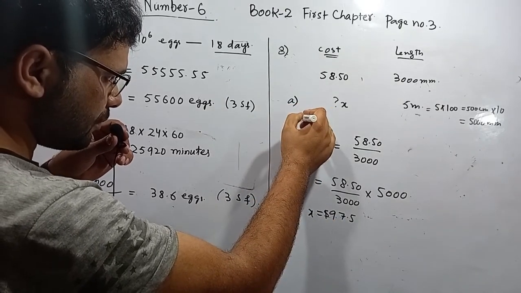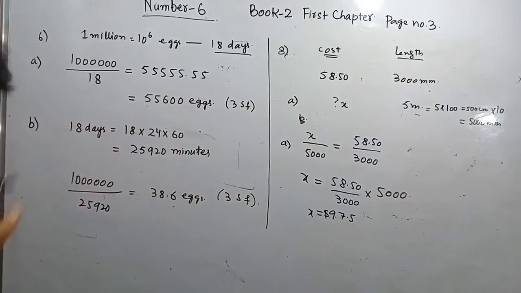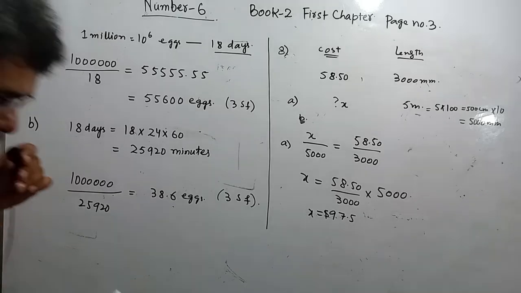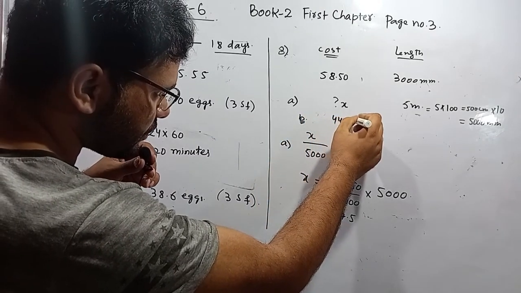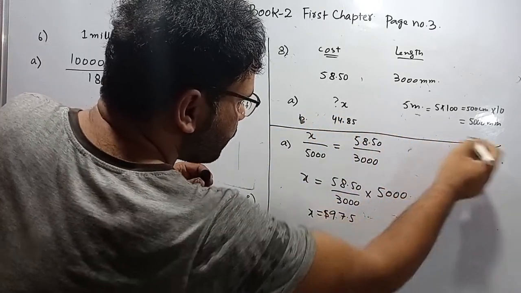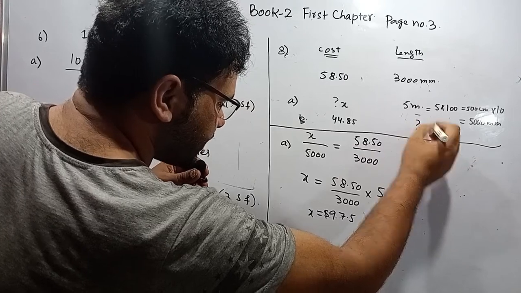Here you can see the B part is, find the length of a piece of this wood that costs $44.85. You can see here, now cost is given, that is 44.85. See here above. We need to find, this time my x is this.